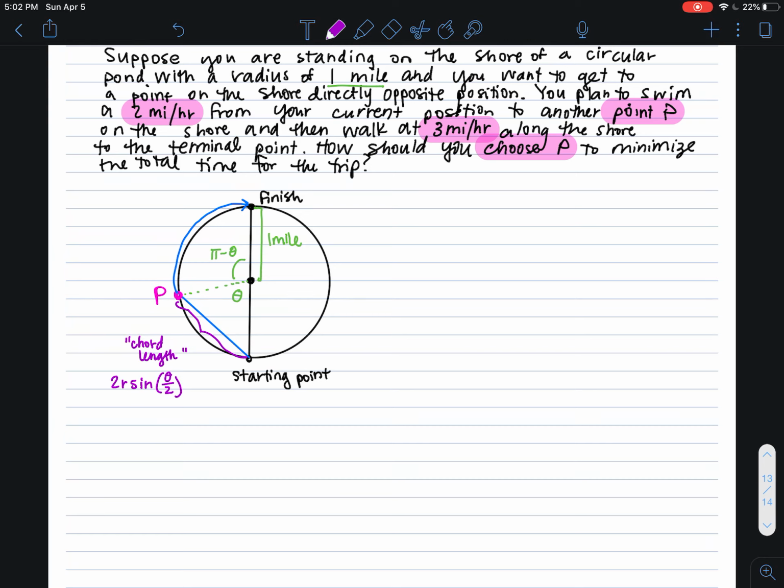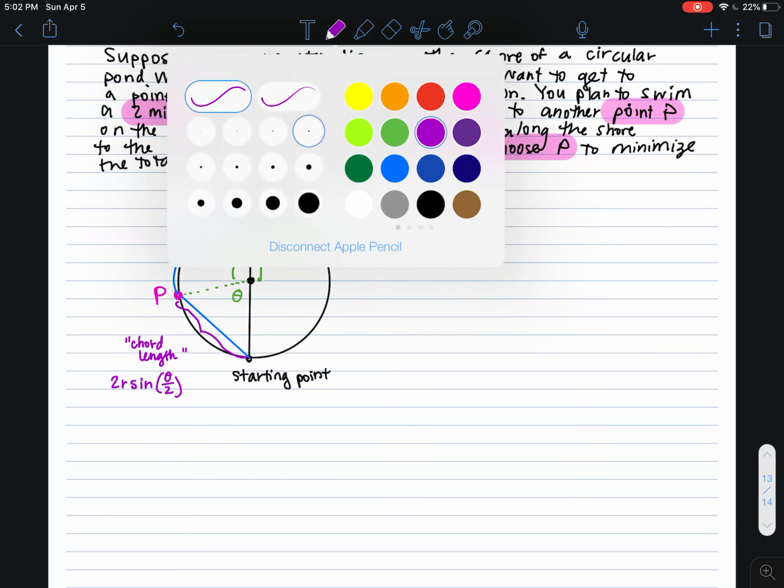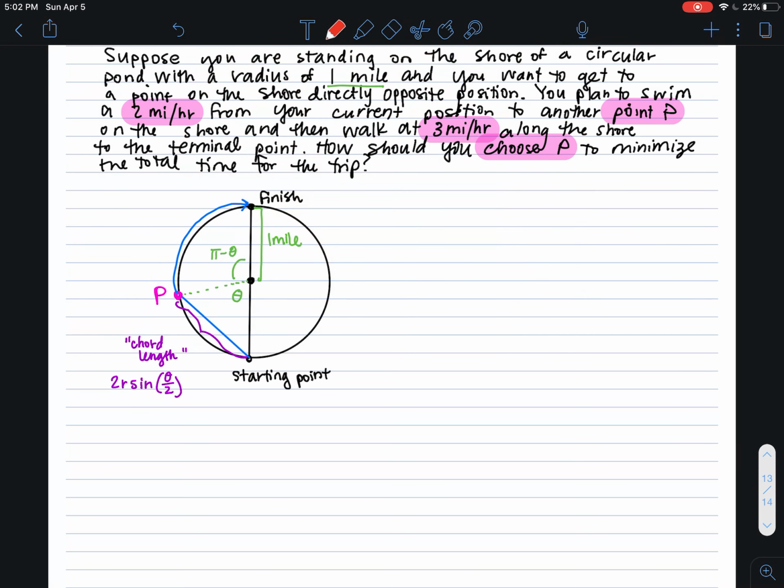And then this portion, let's do red. This guy is just an arc length, or a section of the circumference, and that can be found by taking the radius times pi minus theta. Remember, our radius is 1 mile.